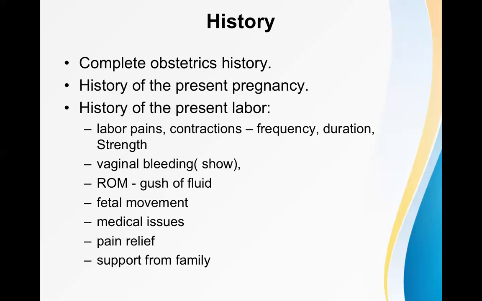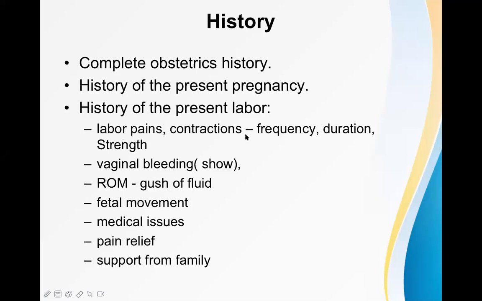It progressively increases from before. False labor pain doesn't follow this typical order. False labor pain probably occurs because of some infection or some ligament strain or something like that. But true labor pain occurs because of uterine contraction. This is a very important point. Labor starts only after true labor pain occurs.